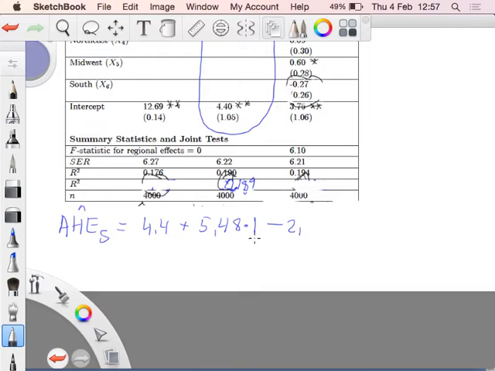Sally has a college degree, so 1. And she's female, plus the coefficient on age, 29, times how old is she? 29. And predicted earnings is 67 per hour, this is how much she will earn on average.